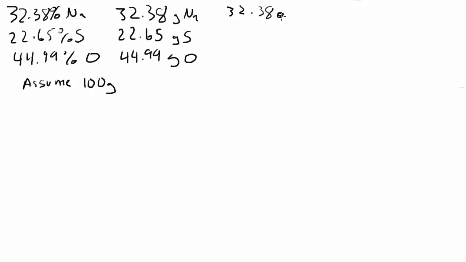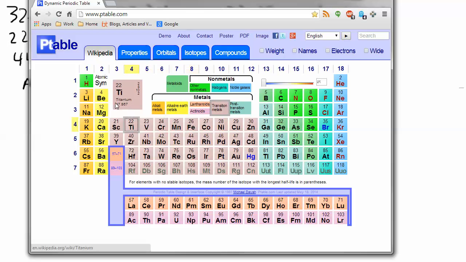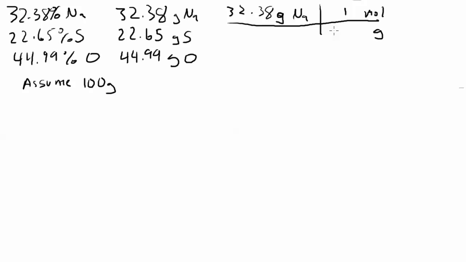You've got 32.38 grams of sodium. You want to go from grams to moles. Then you need the molar mass of sodium. So you look on the periodic table, which I of course have ready down here. I'll pop that right up and find sodium over here. And it looks like 22.99 is what we're going to use. So I'm going to put 22.99 grams.